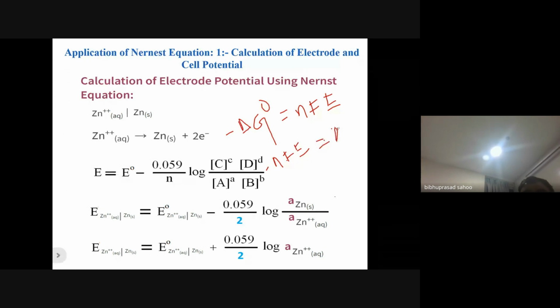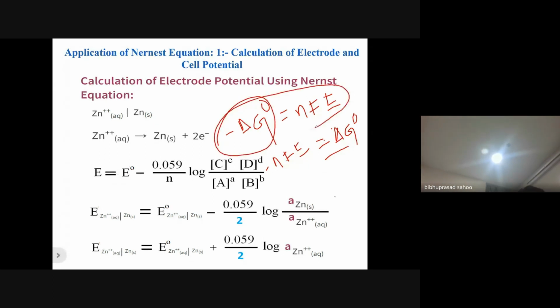Today in the very first line I told that chemical energy is converted to electrical energy. This conversion means a decrease in chemical energy, that's why it is a negative sign. This negative sign represents decrease in chemical energy. Chemical energy is nothing but del G.